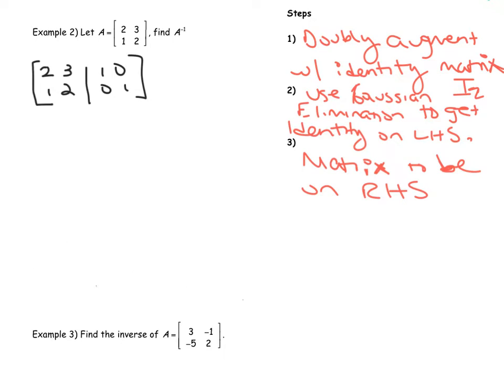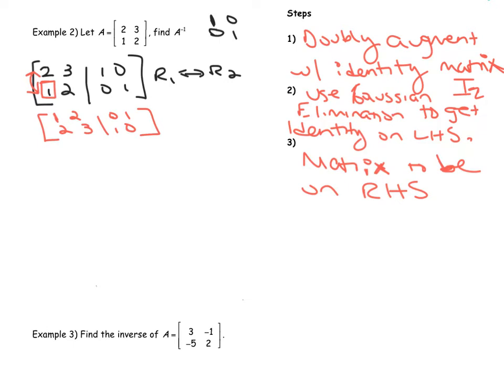First thing we should probably do is switch row 1 and row 2, because we want to get that into reduced row echelon form. I want that first number to be a 1. And our first number in the second row is a 1, so why not just switch the rows? So we'll have 1, 2, 0, 1, and I have 2, 3, 1, 0.